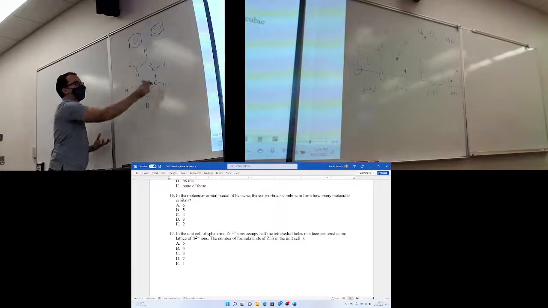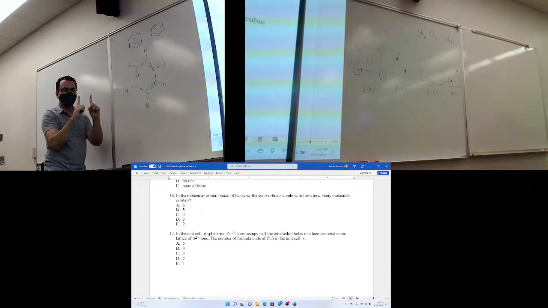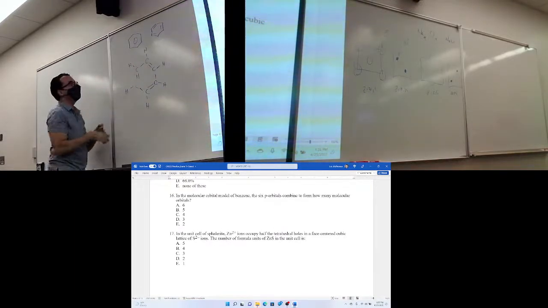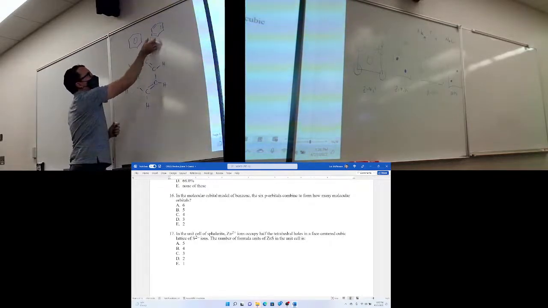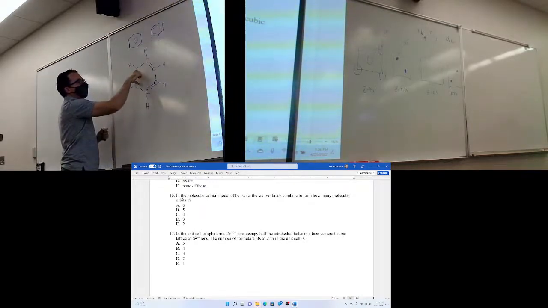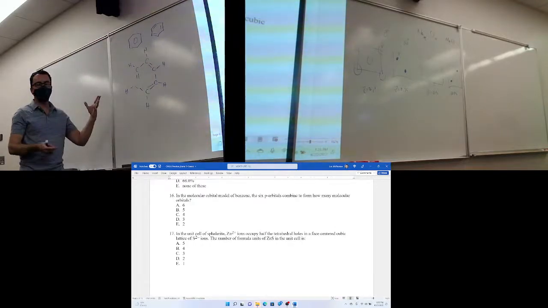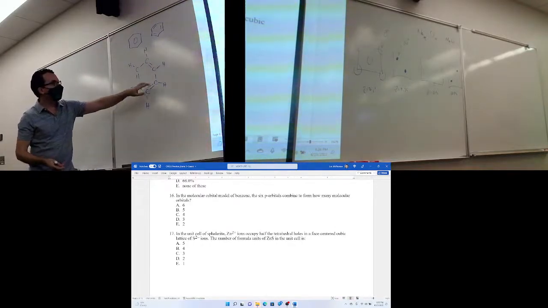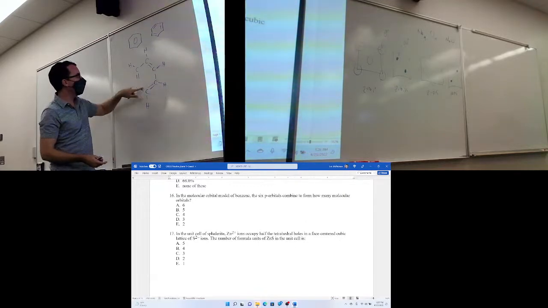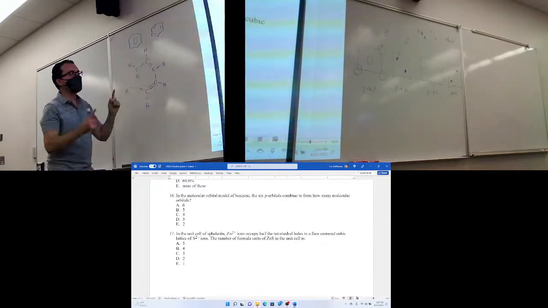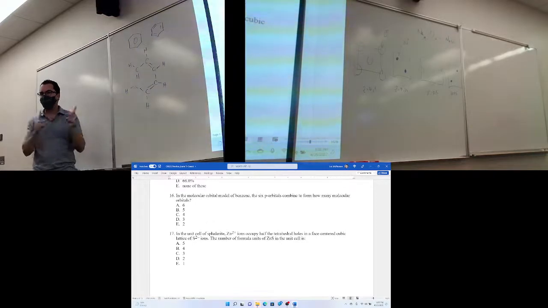They're all parallel to each other, and so these p orbitals do side-to-side overlap. You could say these 2 carbons are doing a double bond, these 2 are doing a double bond. But in Lewis structures, we would write the resonance form, where the double bond is moved over one spot. So which 2 carbons are making the double bond?